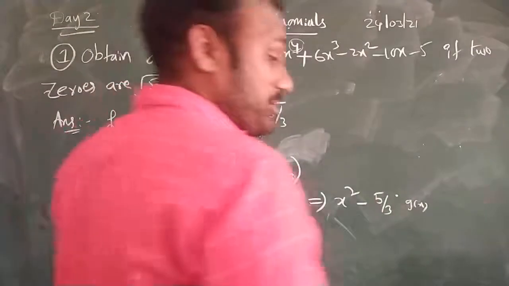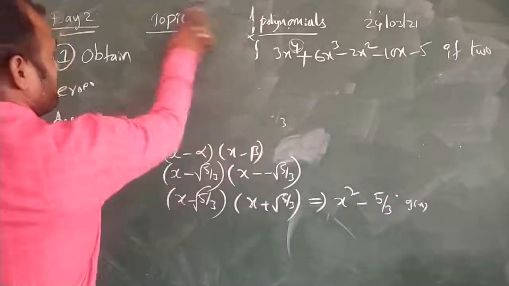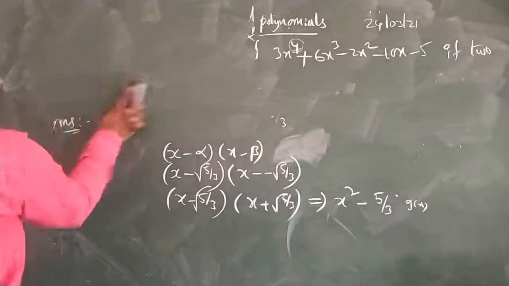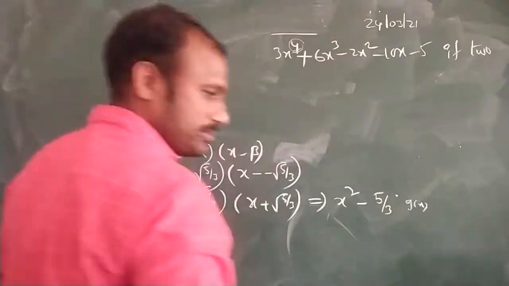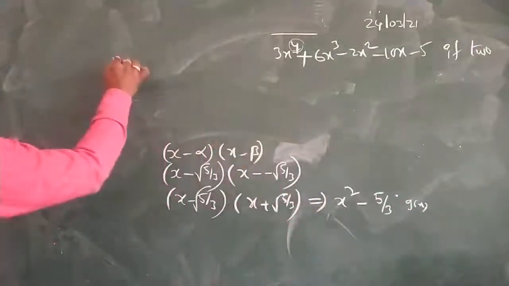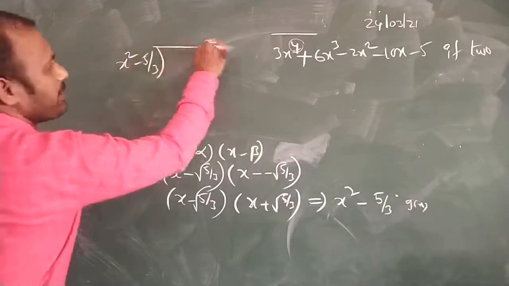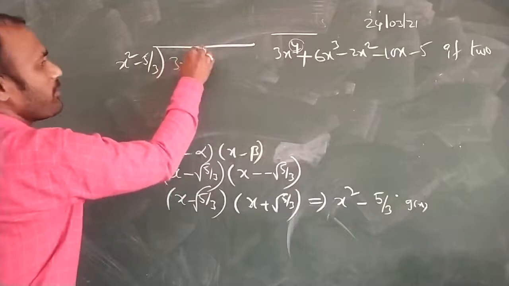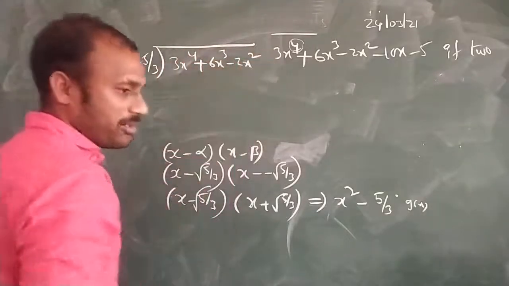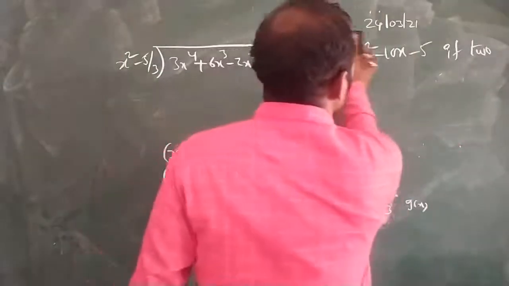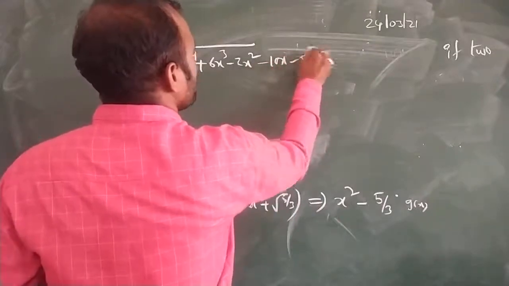Let us see how to do this division. Let me take x square minus 5 by 3 as the divisor, dividing 3x power 4 plus 6x cube minus 2x square minus 10x minus 5.